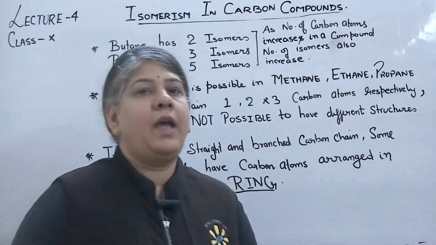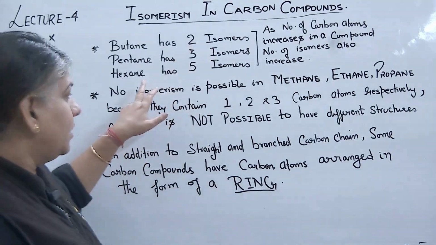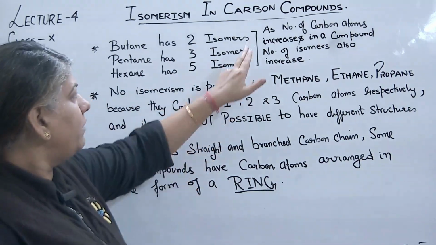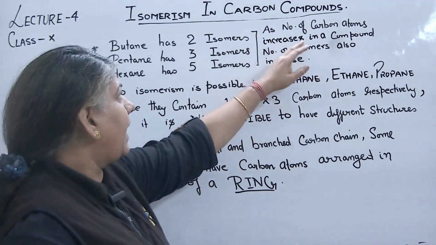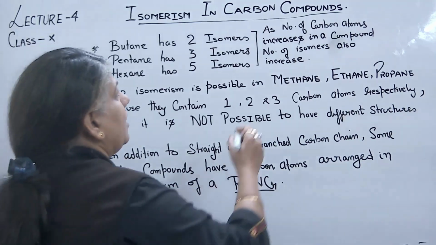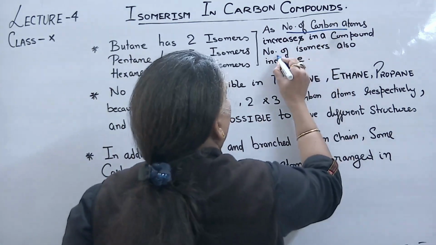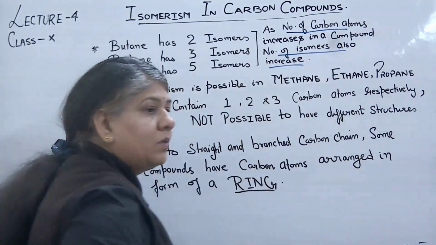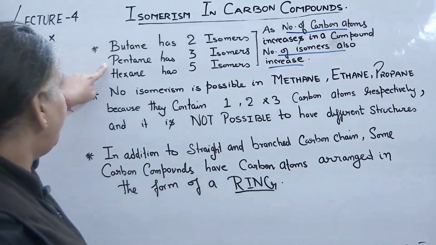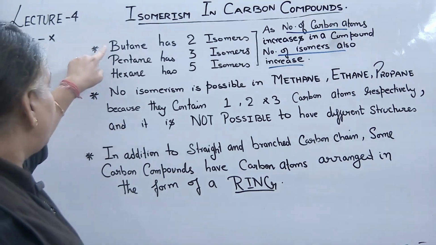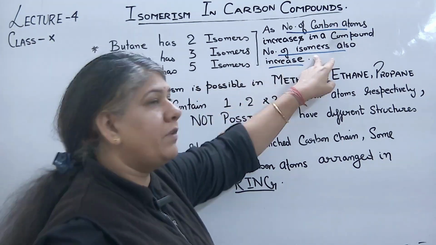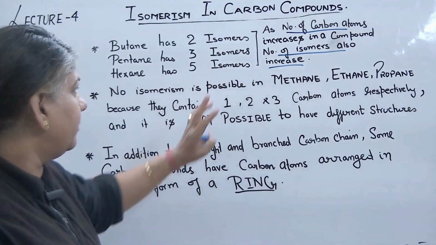See, butane is a 4 carbon compound, pentane 5, and hexane 6. So as the number of carbon atoms are increasing, the number of isomers are also increasing.